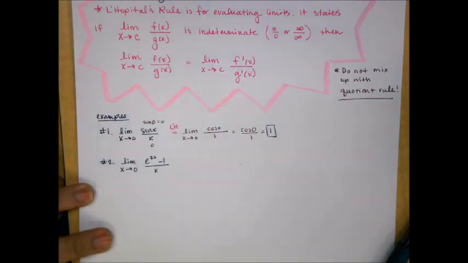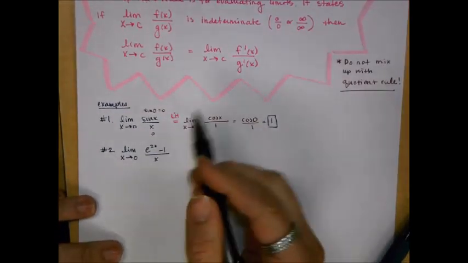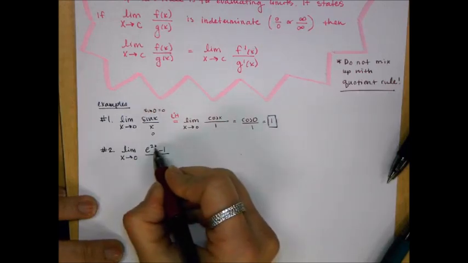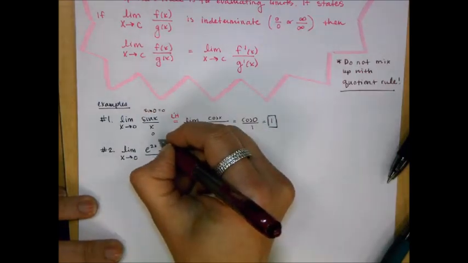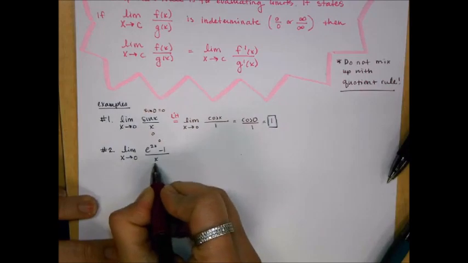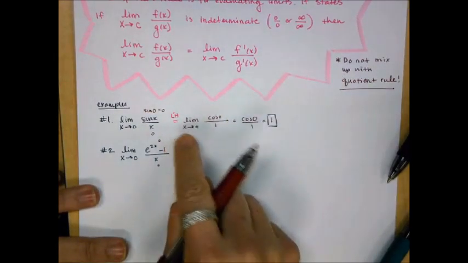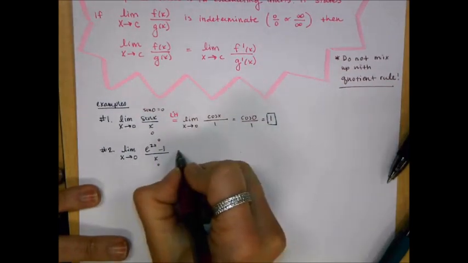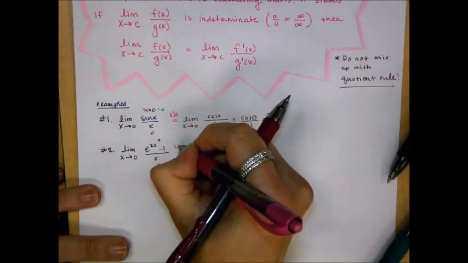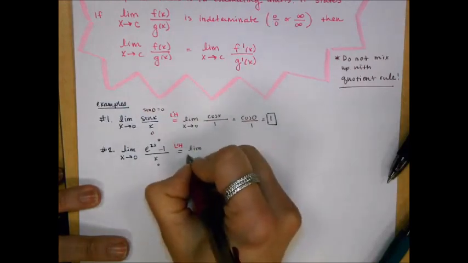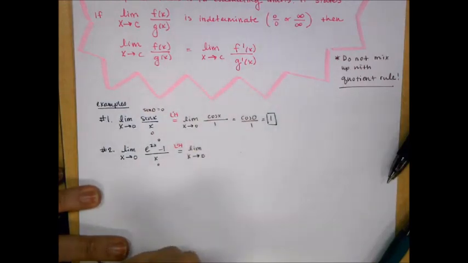All right, so this one here, if we plug in 0 for x, we end up with e to the power 0 is 1. 1 minus 1 is 0. Plugging in 0 to the denominator also gives us 0. So we have that indeterminate form, 0 over 0, and we can apply L'Hopital's rule, which says to keep your limit, take the derivative of the numerator.